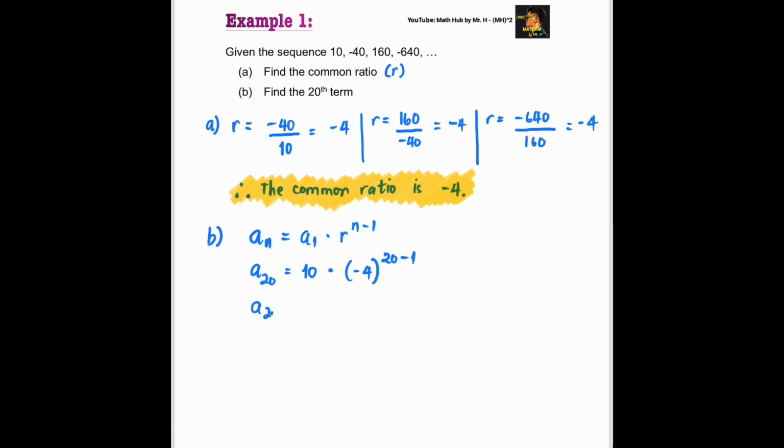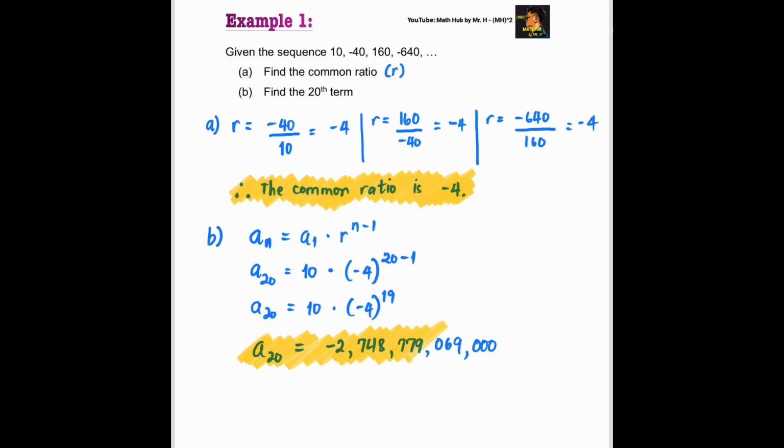So A sub 20 equals 10 times -4 to the power of 20 minus 1 is 19. All right, so we need to get the value of this. All right, so A sub 20 is equal to a very large negative number. So it's -2,748,779,069. Wow, it's a very large negative number. So that is the answer to 1B.